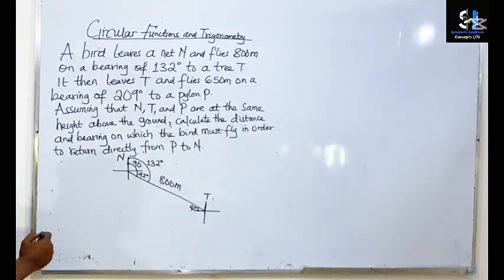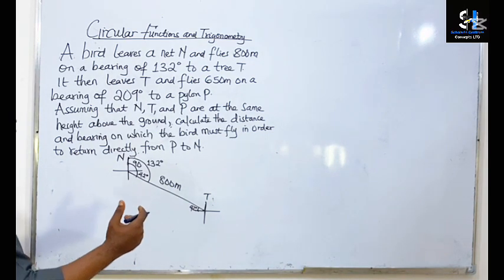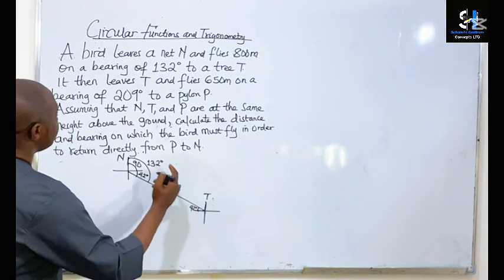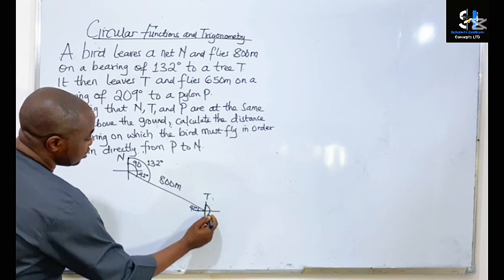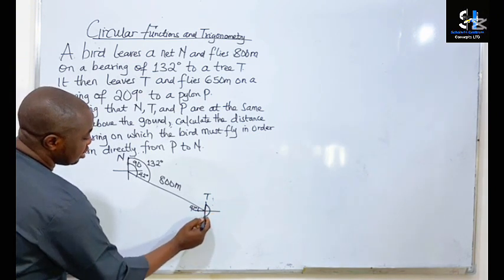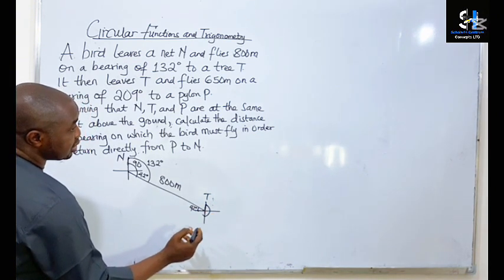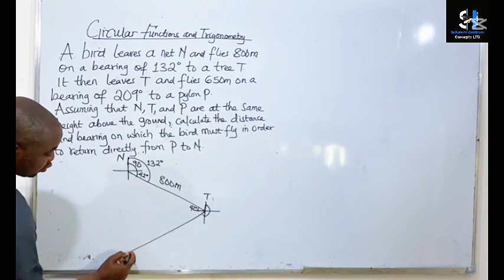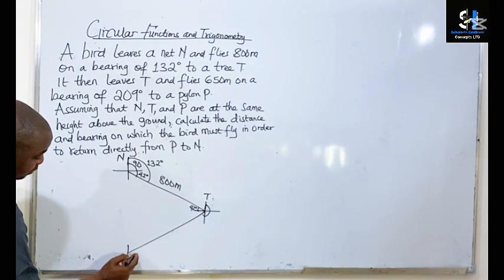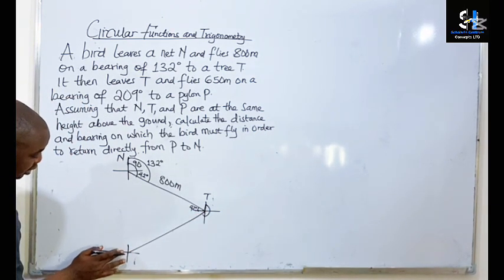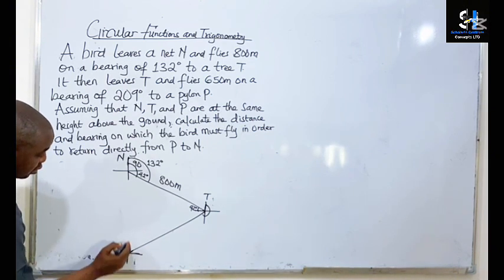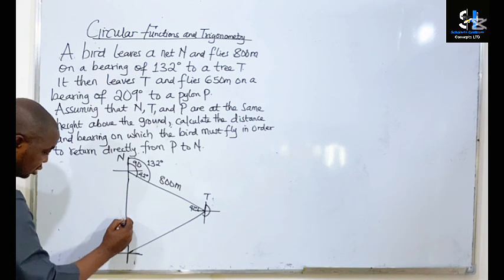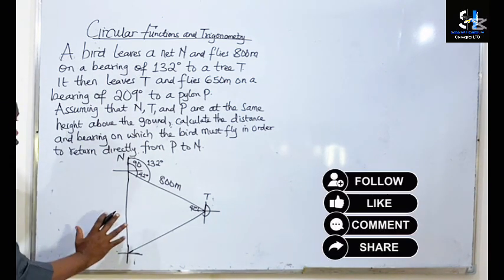All right, so to a tree T, it then leaves T and flies 650 meters on a bearing of 209. This will be 180, and 209 gives 29. So this is 29. Note this is not drawn to scale.